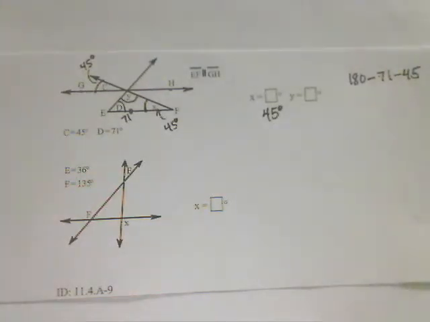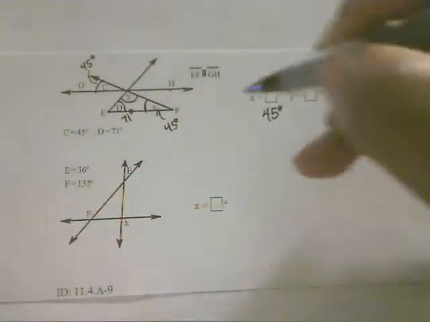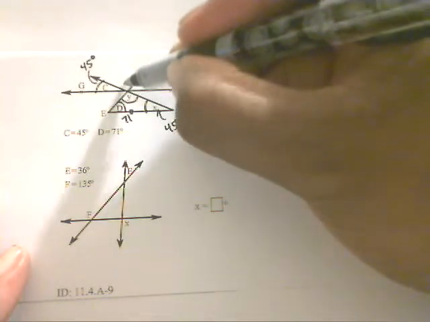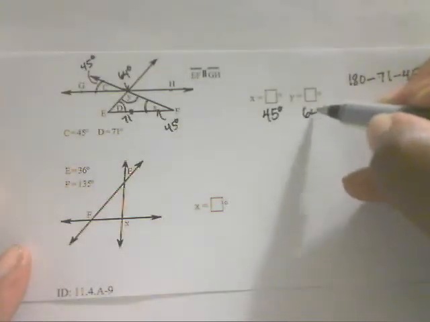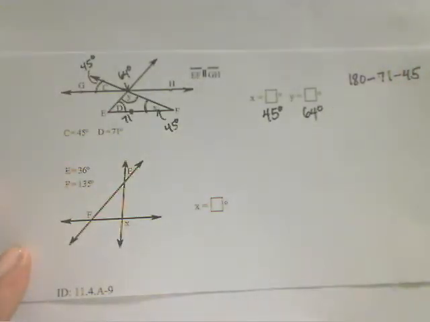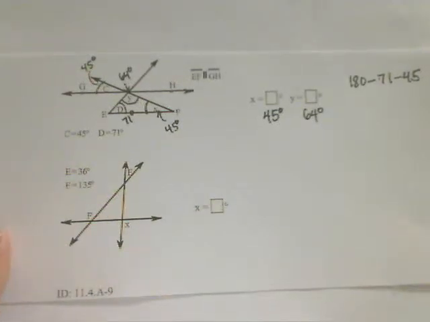So 180 minus 71 minus 45 will leave me with 64. So angle Y, here's angle Y, that's 64 degrees. Okay, so 64 degrees for angle Y.